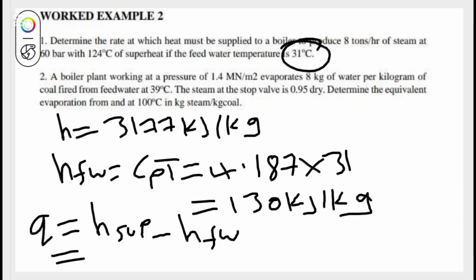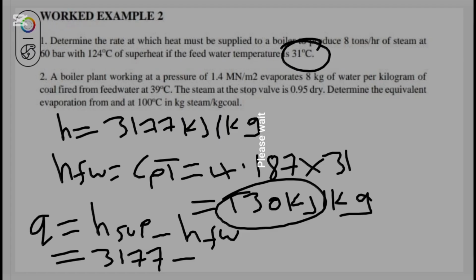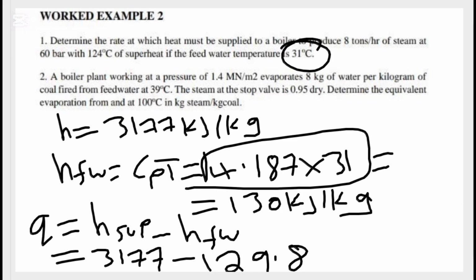So this will now be equal to 3177 subtracted by the enthalpy of feed water, which is almost 130, or 129.8, because if you multiply this and this, you are going to get 129.8. So I approximately put it as 130, because it is all the same.